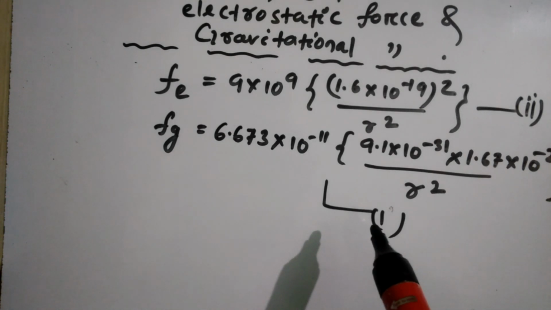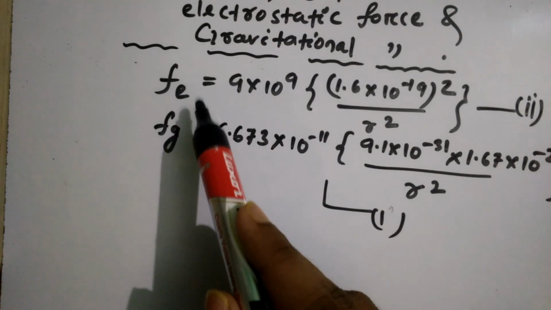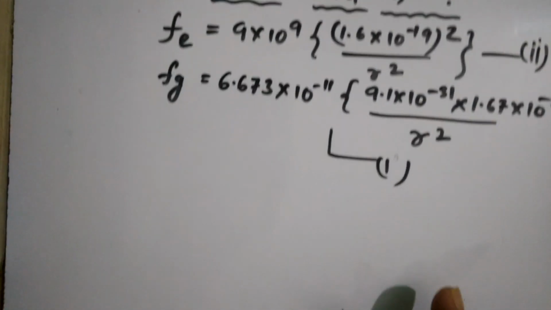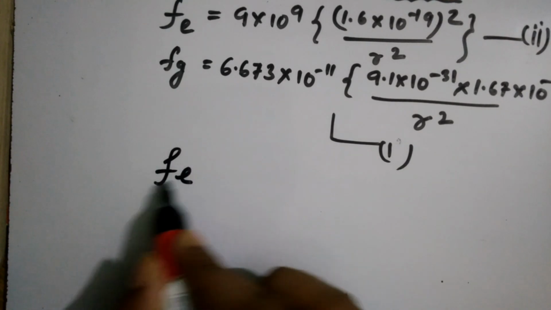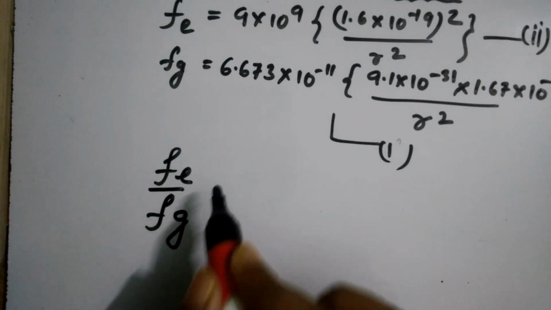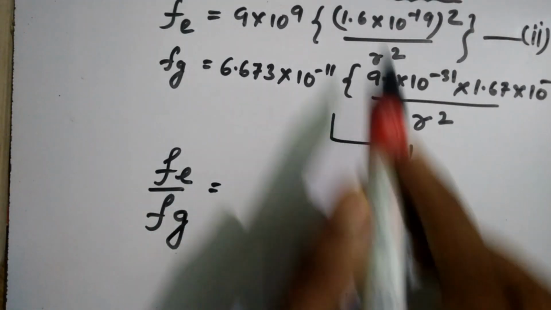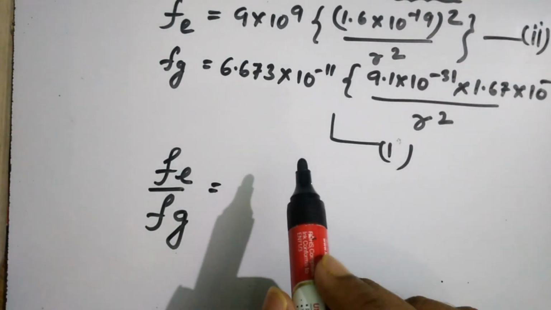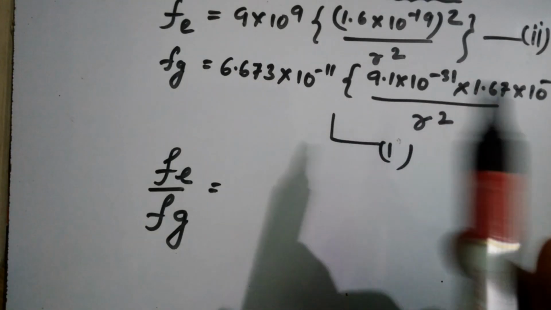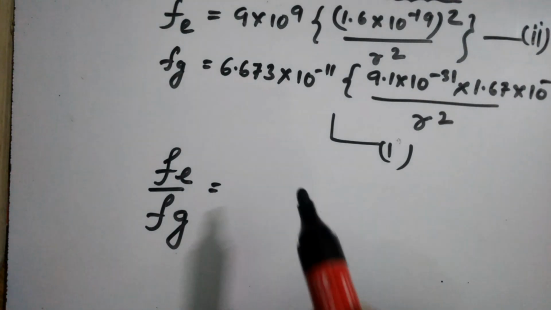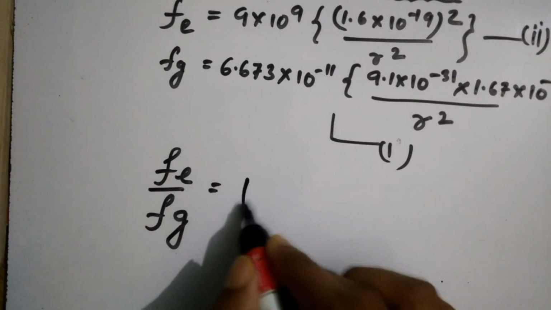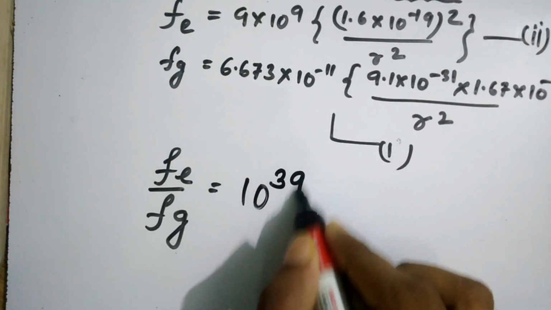Now if I divide the electrostatic force by the gravitational force, Fe divided by Fg, I divide these two equations. Whenever I divide these two equations, this r square and r square will cancel out. So the rest of the value will be 10 to the power 39.